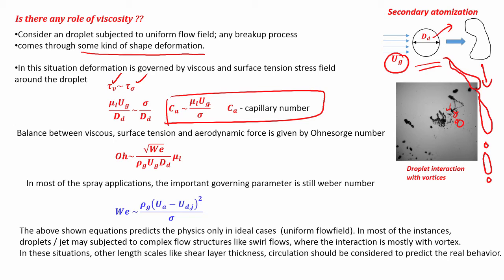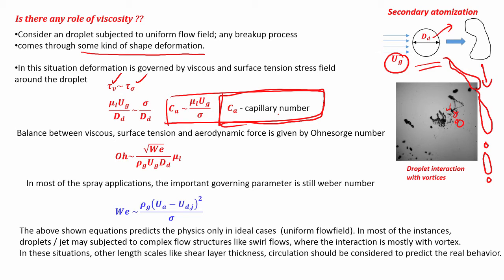If the capillary number is very low, for porous media and other things, the capillary number becomes very important. You have to know the relative dominance between viscous and surface tension forces. So, capillary number much greater than 1 and much less than 1, this kind of scenario can happen.